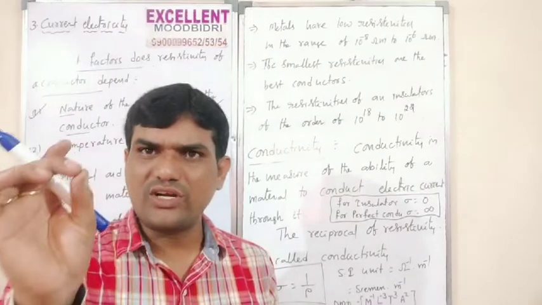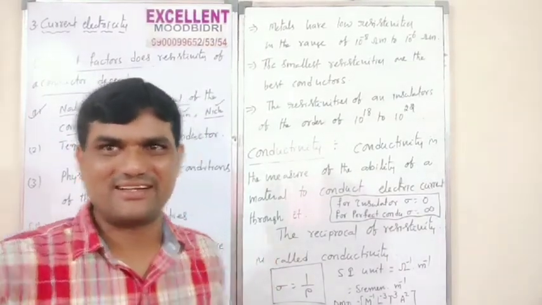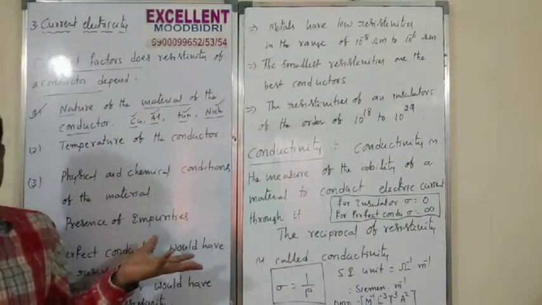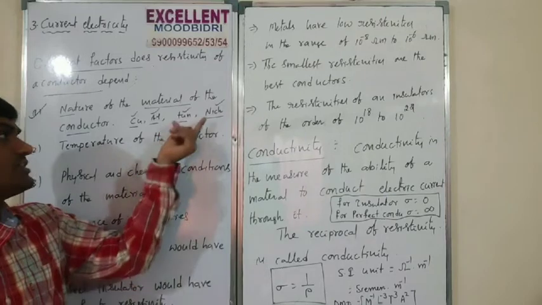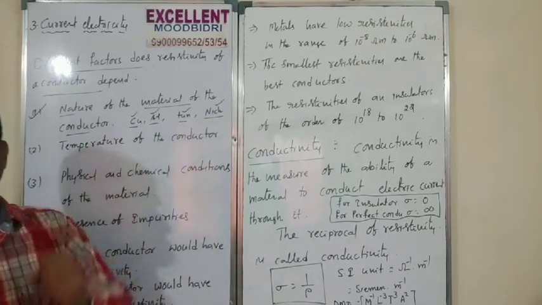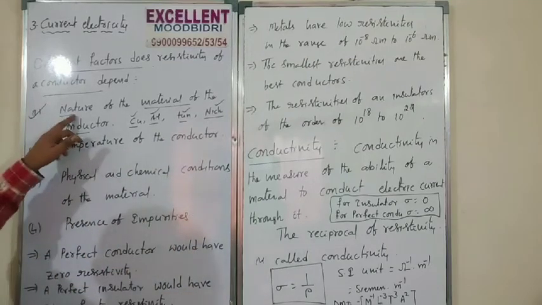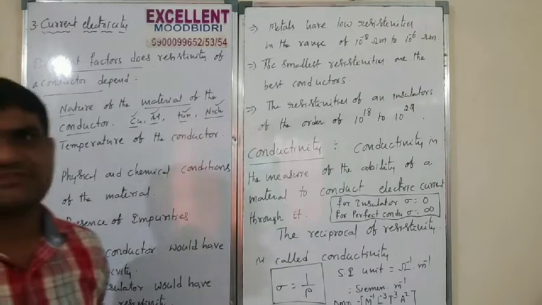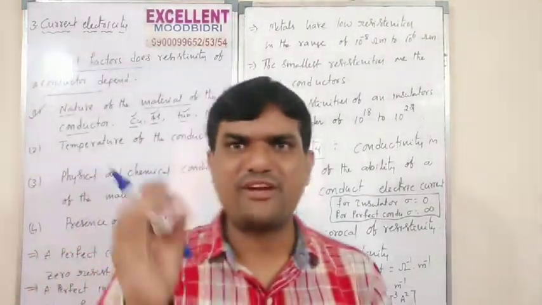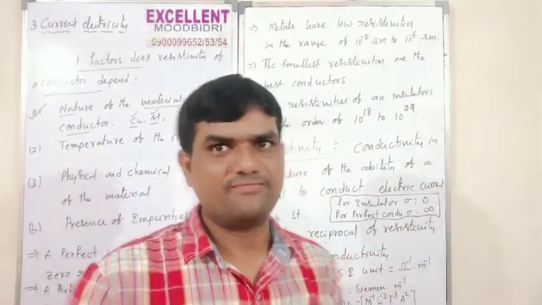That means good resistors have good resistivity. Conductors have less resistance, so they have less resistivity as well. That is why, with the nature of the material, different materials have different resistivity. That is the first point.